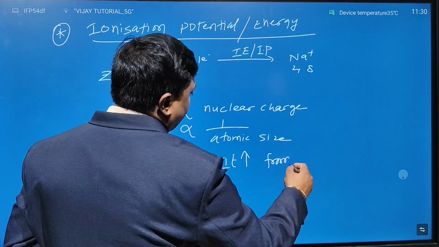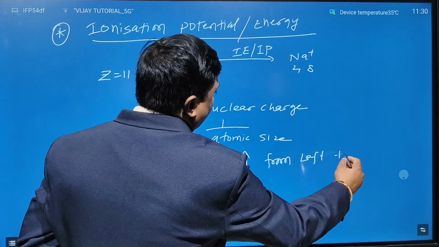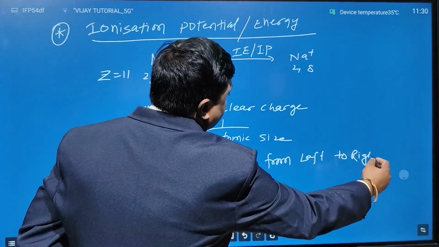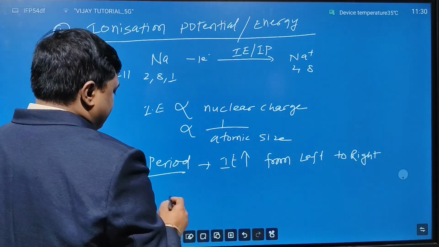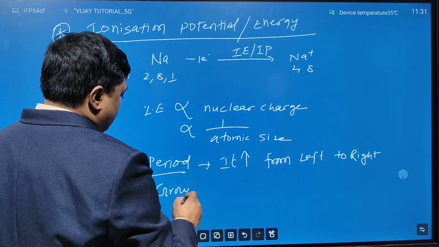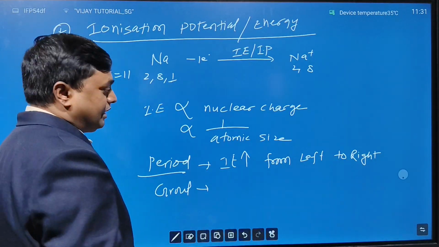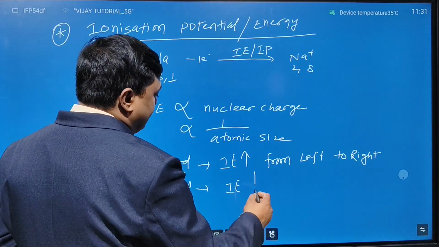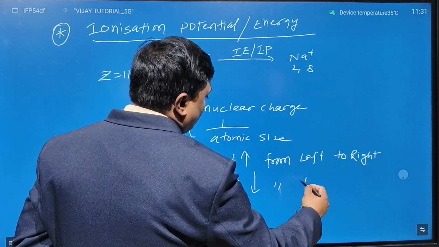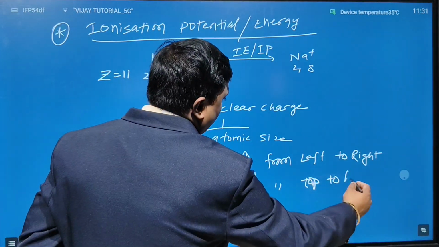And in a group, as we move from top to bottom, atomic size increases, so ionization energy will decrease.